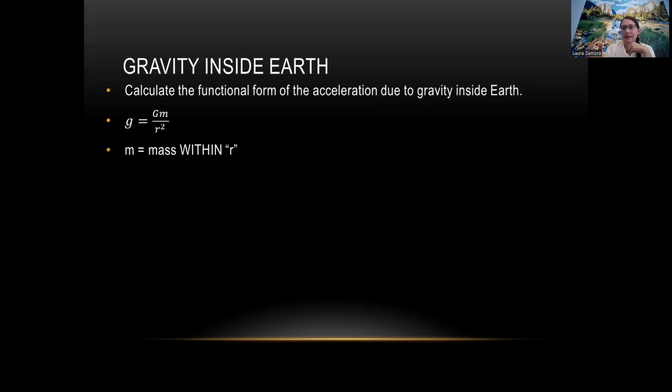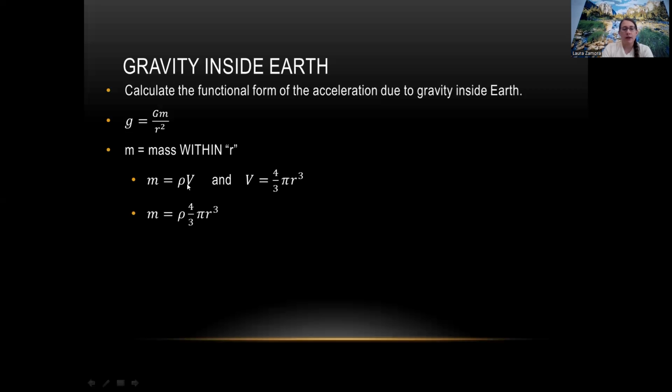It's the mass that's enclosed in that radius, however far that ball has fallen. We can know from maybe chemistry that the mass is related to the density of the object and the volume of the object. So mass is density times volume. The volume of a sphere is 4/3 pi r cubed.